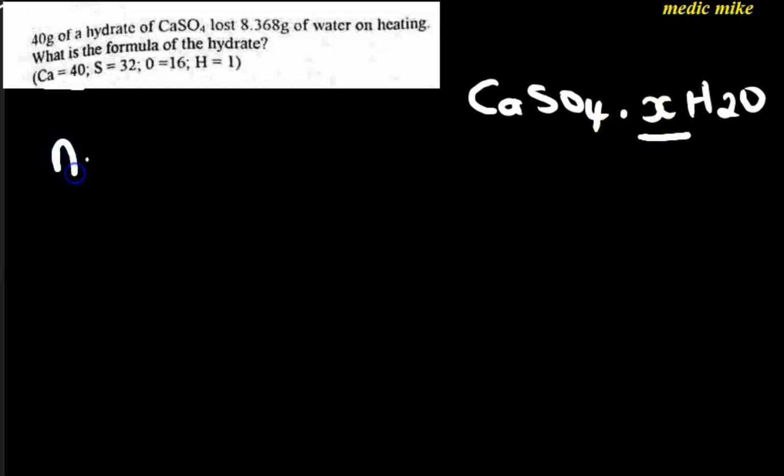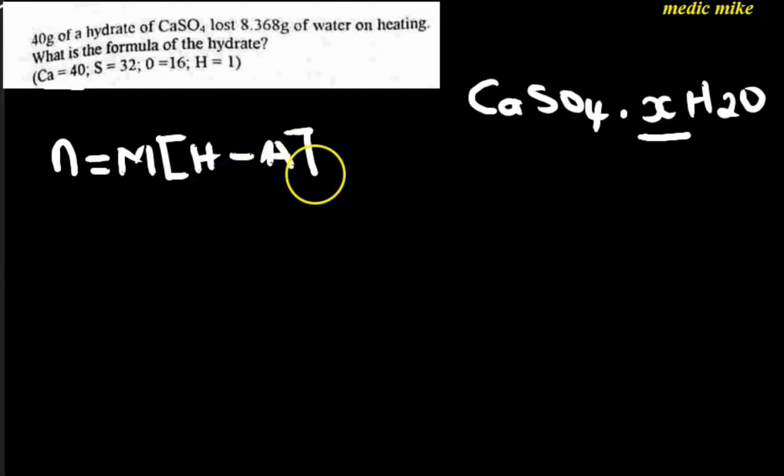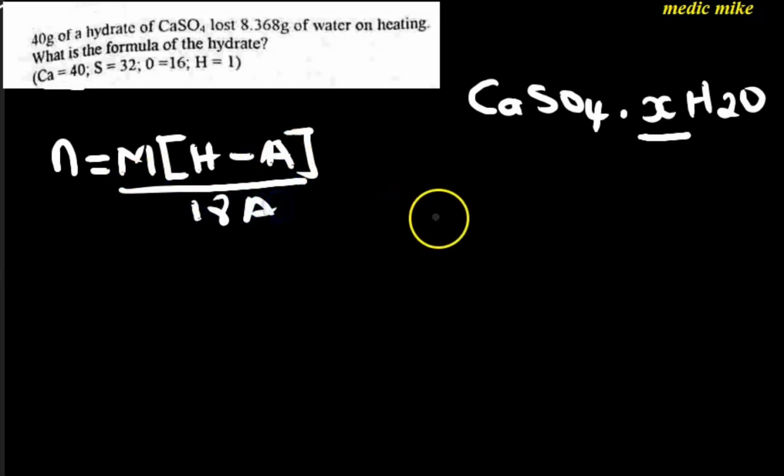Remember our formula, N is equal to M (H minus A) over 18A. So writing our parameters, our M is equal to, we are going to be calculating our molar mass from CaSO4.